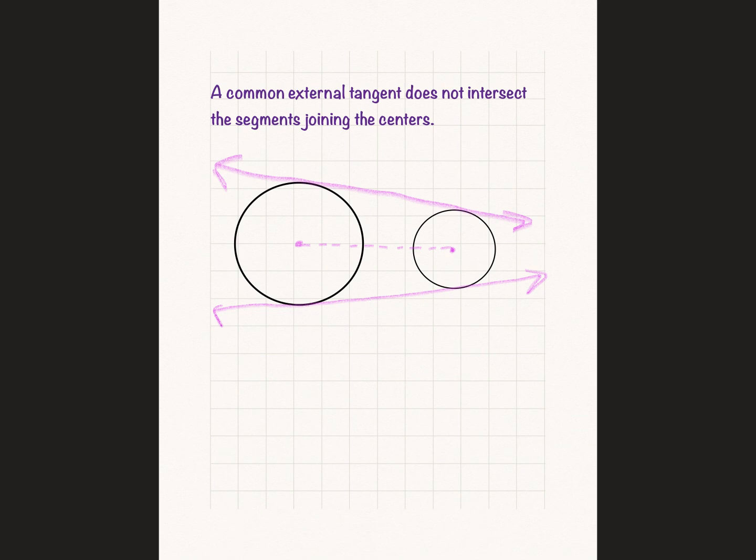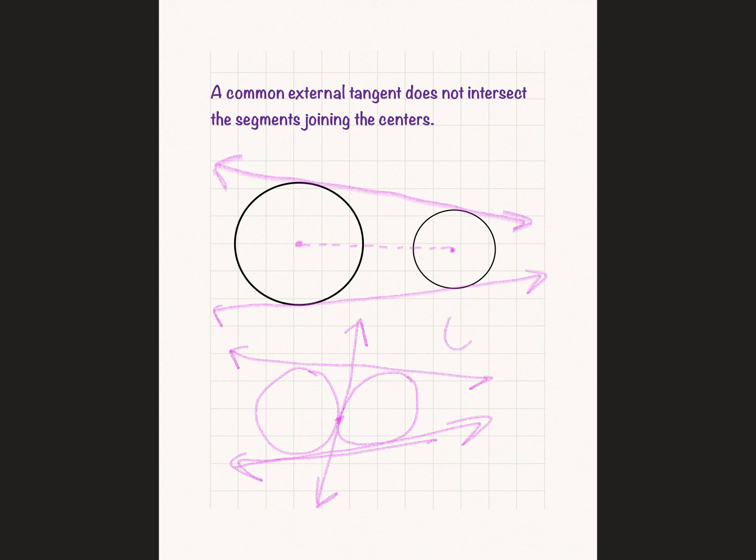We can have different types of circles doing different types of things also, and that will affect how many common internal and external tangents we can have. For example, if I have two circles that touch like that, I'll have my common external tangents, and then I'll have one common internal tangent that hits them both right where they meet.